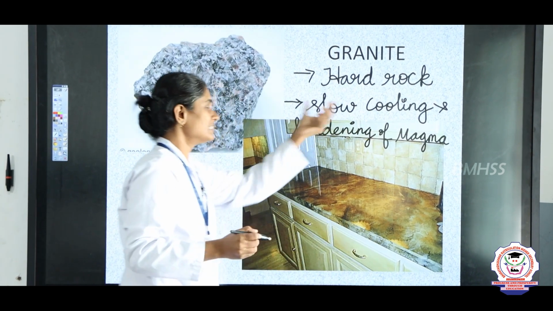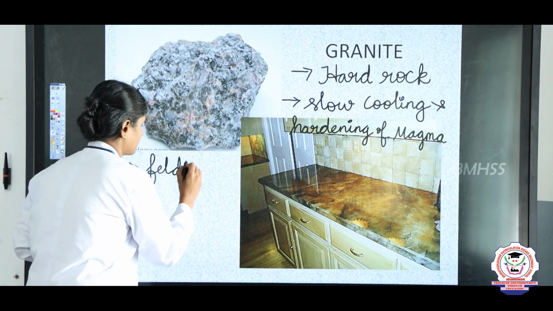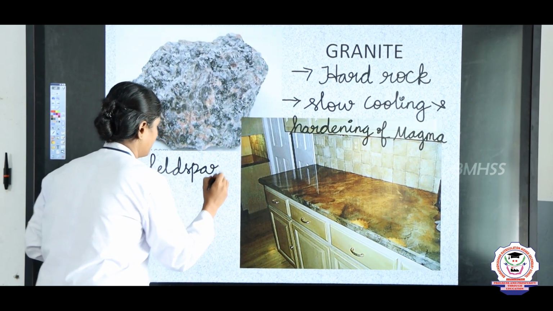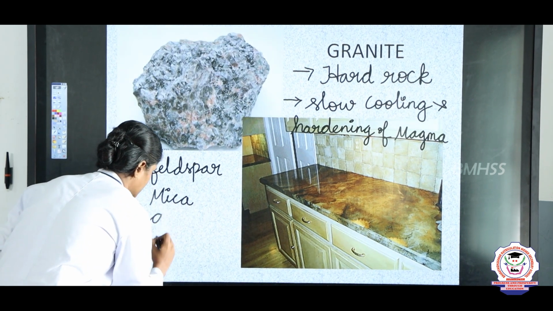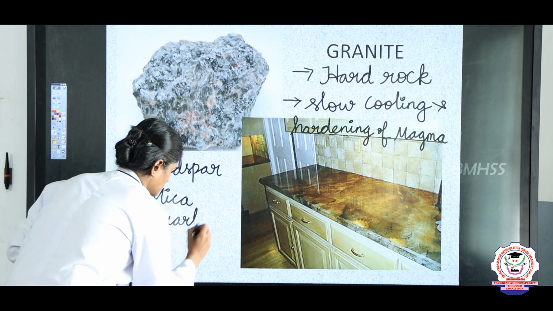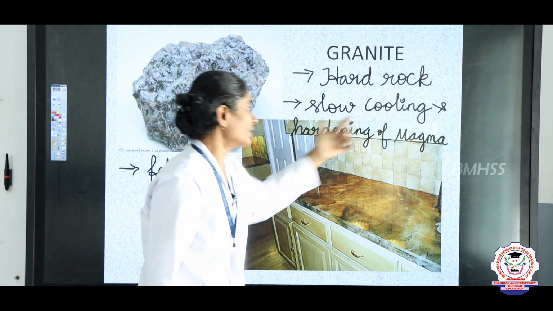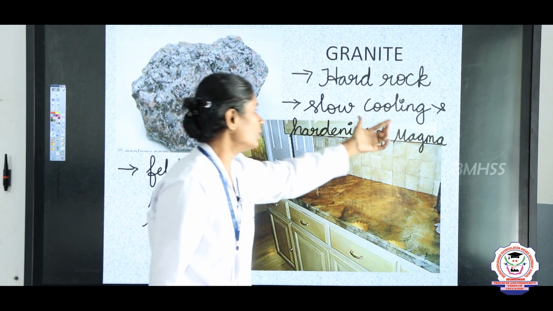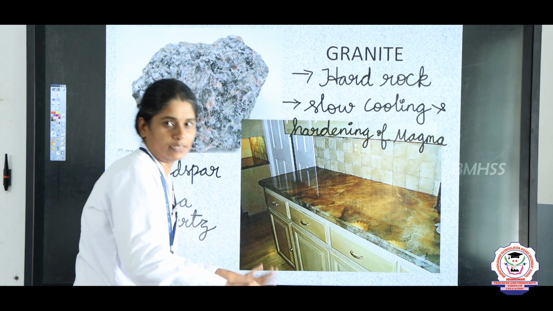Okay, so this granite contains feldspar, mica and quartz. So granite is a hard rock. It is formed by the slow cooling and hardening of the magma. Magma means which is present under the earth's surface.